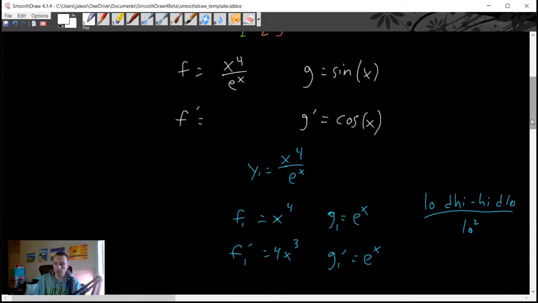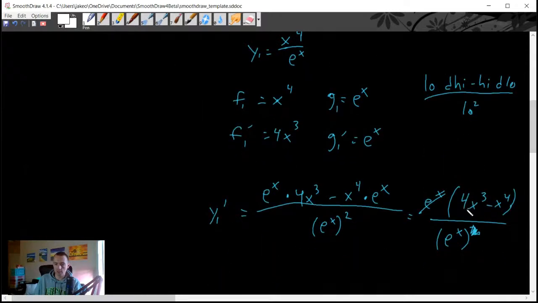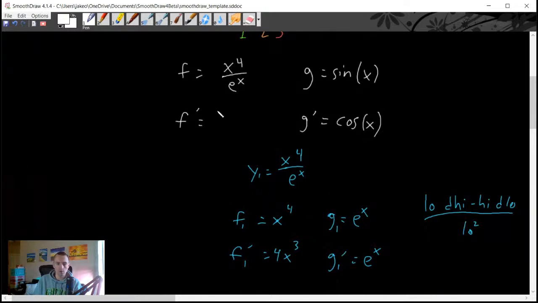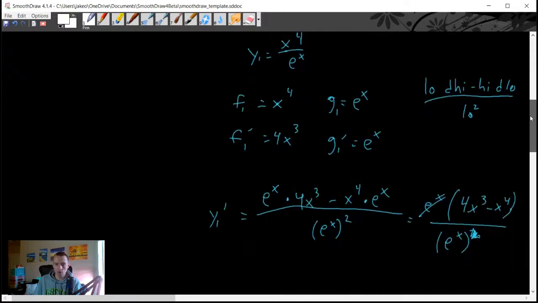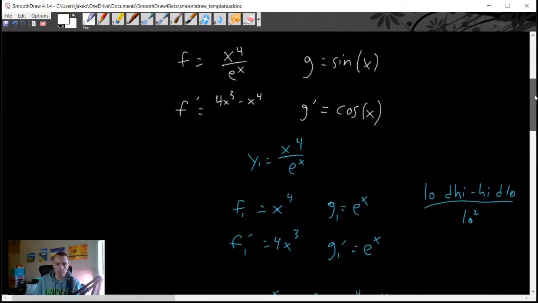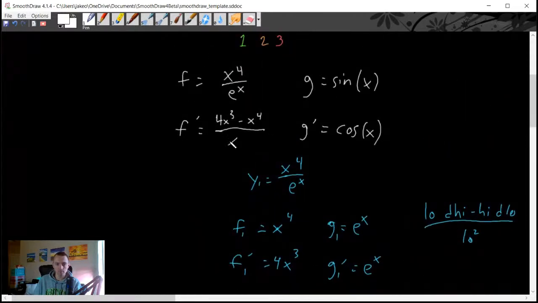So now we'll go ahead and put this 4x cubed minus x to the fourth all over e to the x, and we're going to put that right here in our f prime spot.